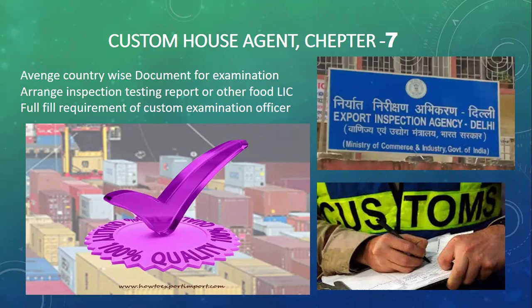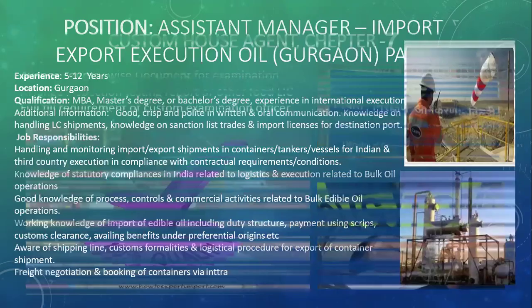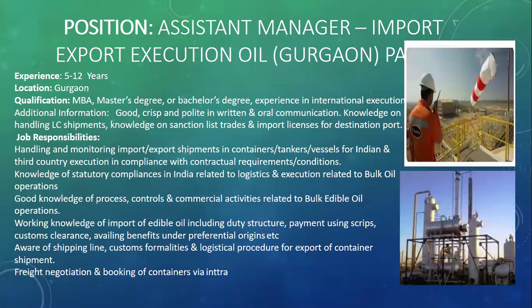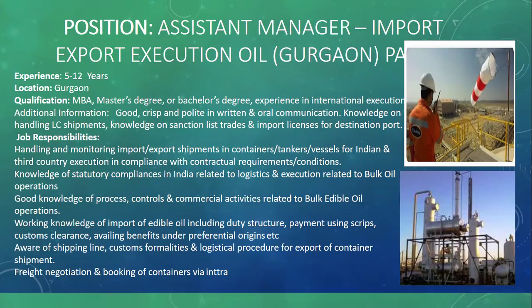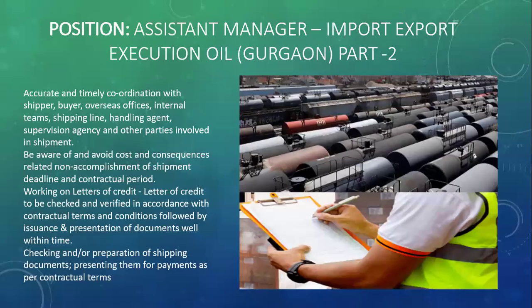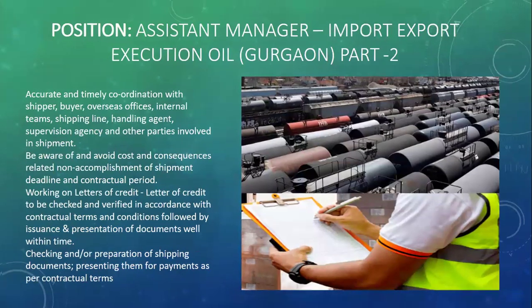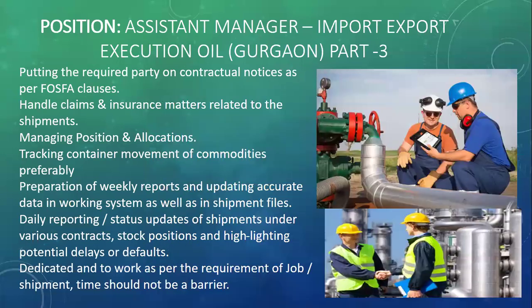How we can import high volume shipments. Just like there is a company which manufactures some product, and for this manufacturing process the company needs some raw materials. To procure these raw materials we have to import from overseas.